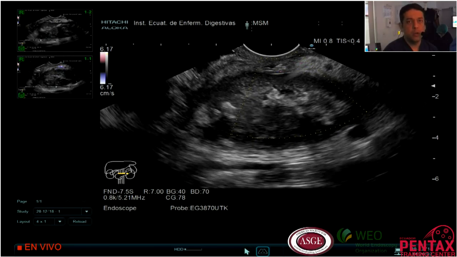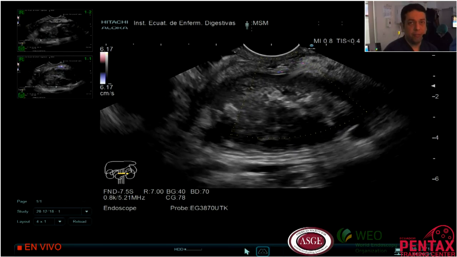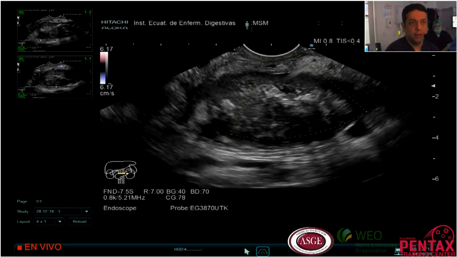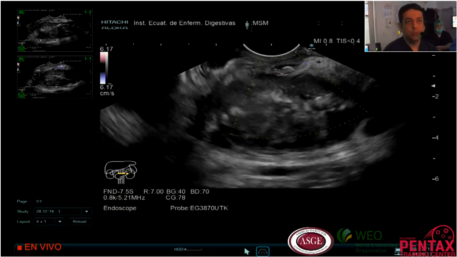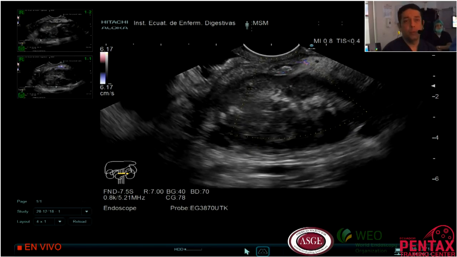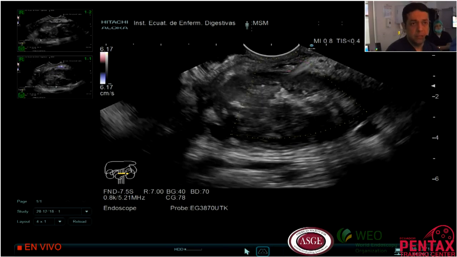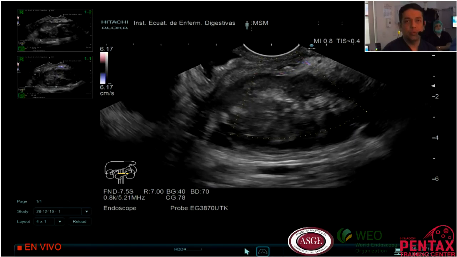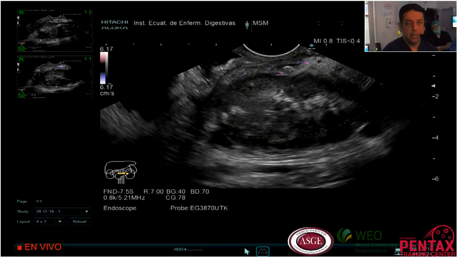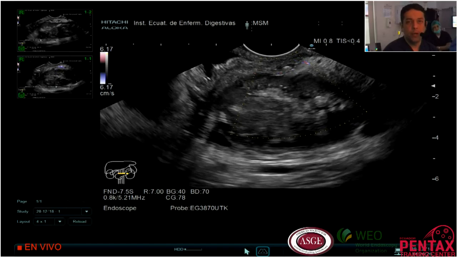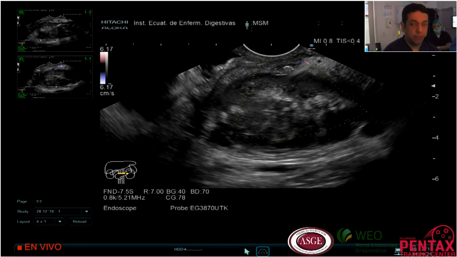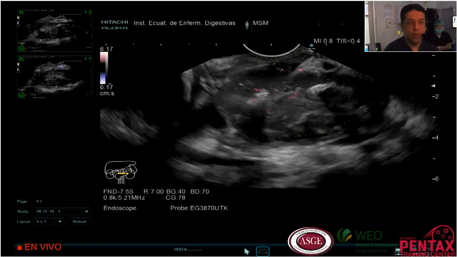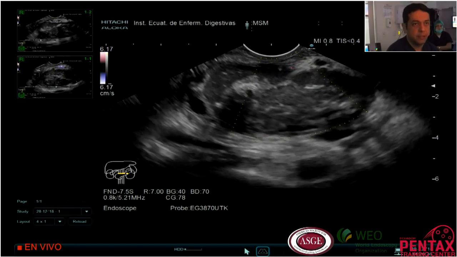We need to perform a new CT scan in 15 days, and if we see that we solve the pseudocyst with wall of necrosis, probably we won't need to perform a necrosectomy, but in 50 days we need to reevaluate if we will need a necrosectomy, or if we can retire the stent that will help us to drain this pseudocyst.